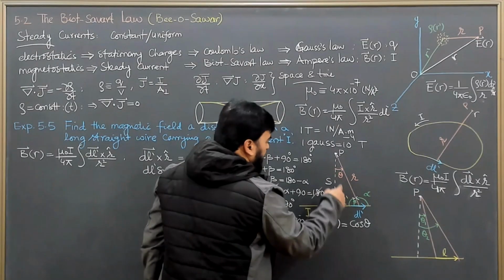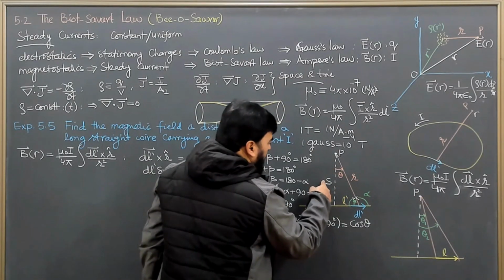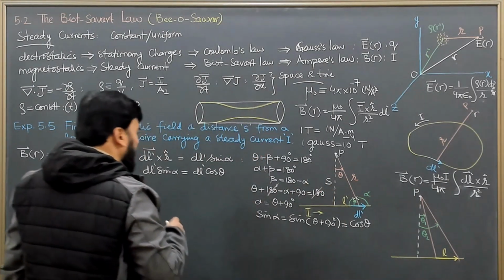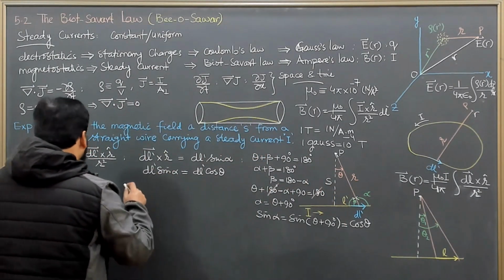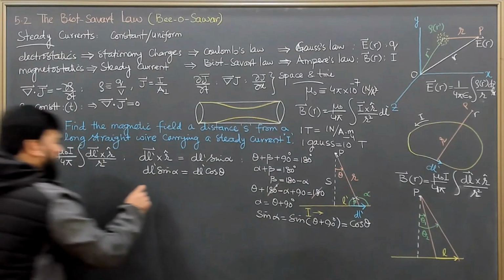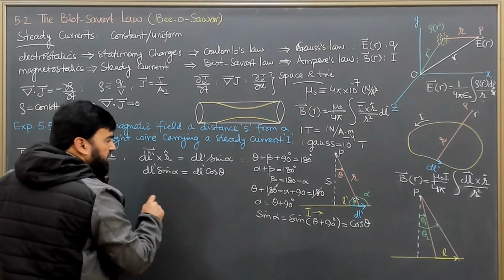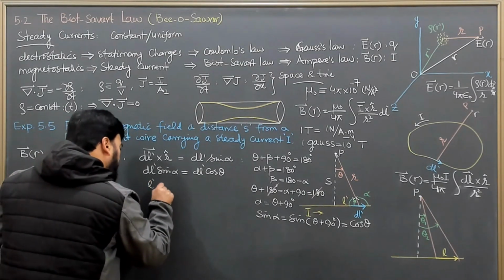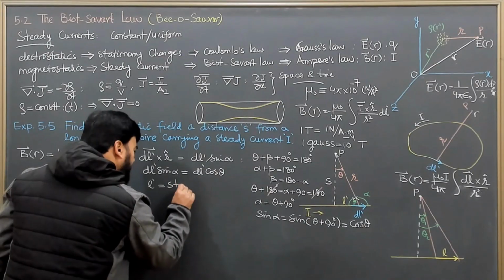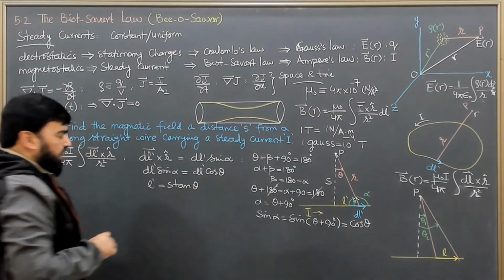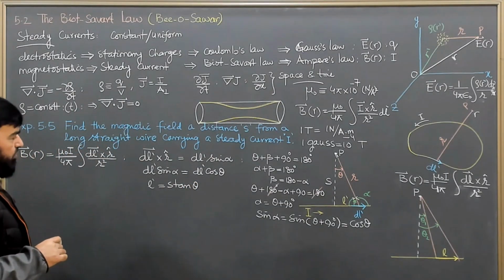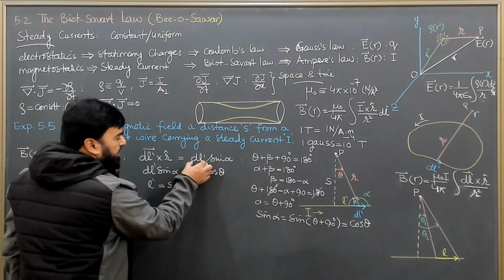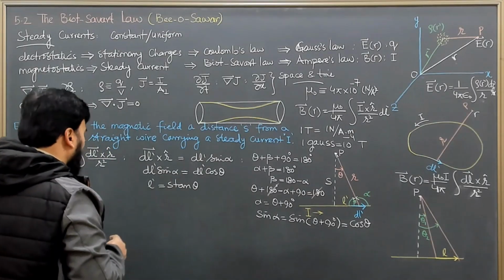So L prime over S, the perpendicular over the base, is tangent theta. So from the figure I have tangent theta equal to L prime over S, or I can write L prime equal to S tangent theta. And then what value I need from here, I need the dl prime value.